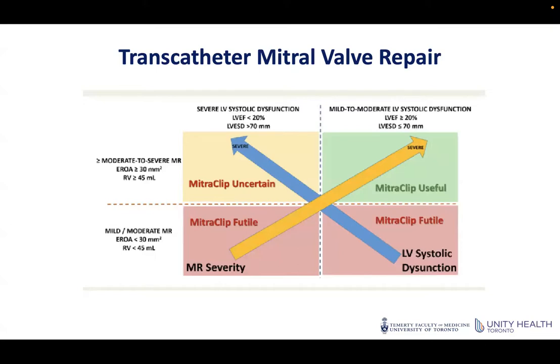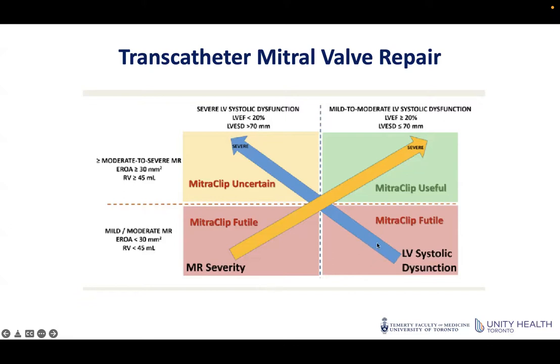And if we want to summarize the most recent discussions, we could say that every time you have a patient that has not so severe mitral regurgitation or has a very severely dysfunctional left ventricle, MitraClip appears to be futile.